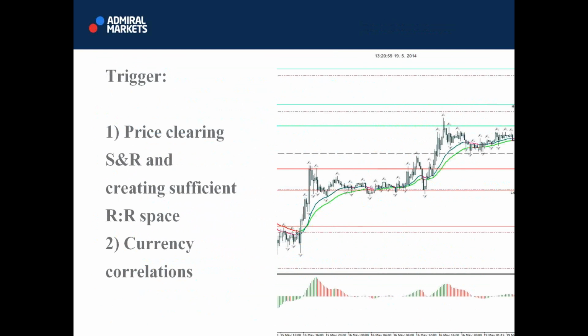Trigger could be the price clearing that support and resistance and when there's enough sufficient reward to risk space. And currency correlations are things that you can pick up. Basically, price breaking through or bouncing off a level, breaking through a support or resistance or price bouncing off a support or resistance are the things that we're primarily looking for.